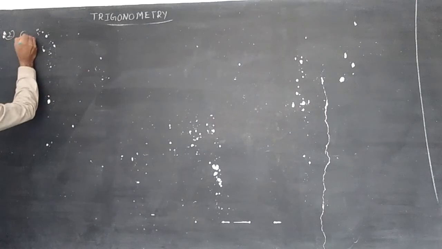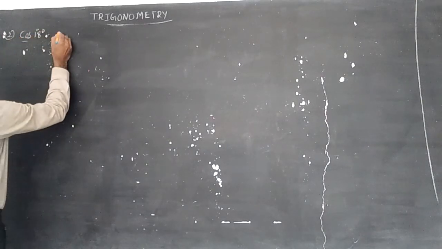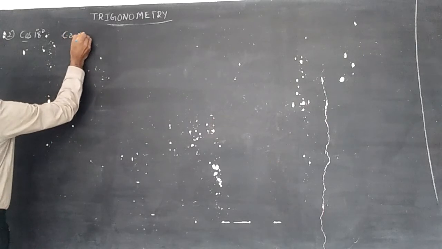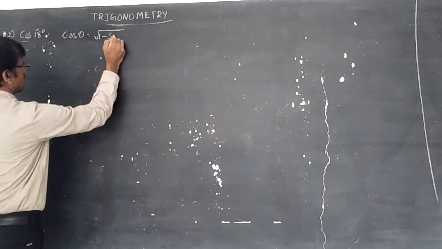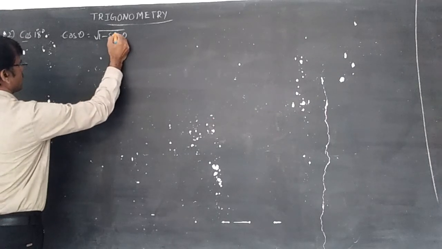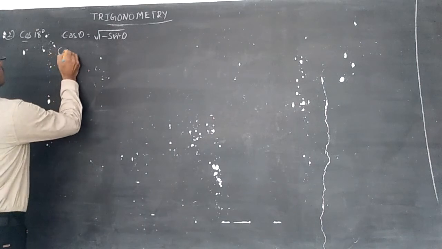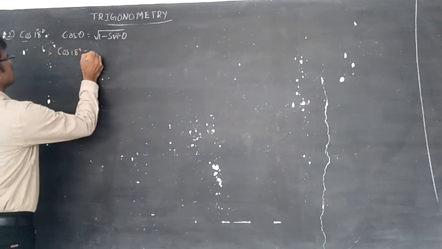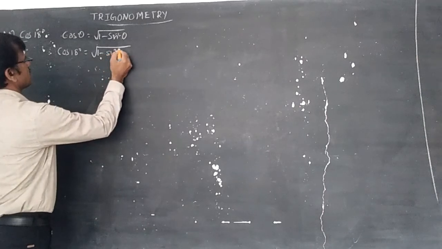Second one, cos 18. Use the formula cos theta is equal to square root of 1 minus sin square theta. So cos 18 degrees is equal to square root of 1 minus sin square 18 degrees.